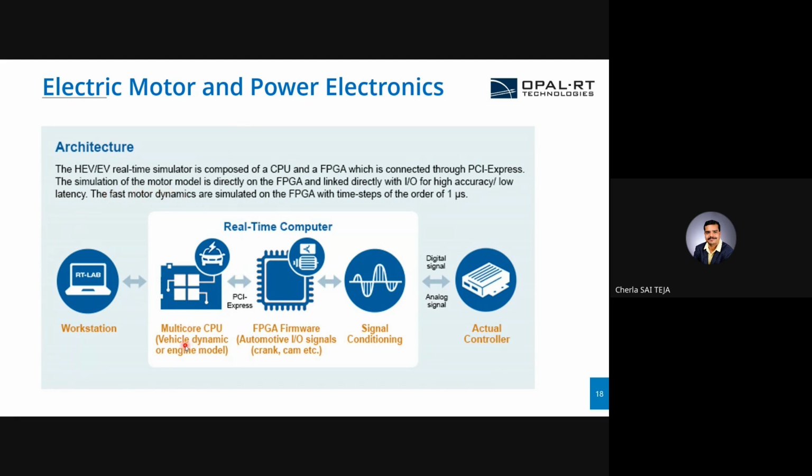You can see we have a multi-core CPU where on the CPU we can run the model of vehicle dynamics or engine model. Then the FPGA will be running the powertrain part, with data transfer between these two, and we simulate the whole EV, connect it to the EV controller and test and validate.